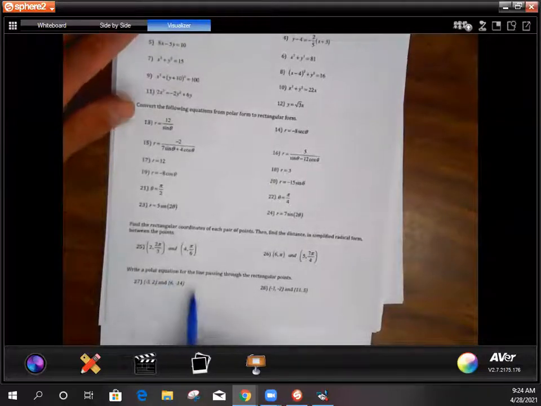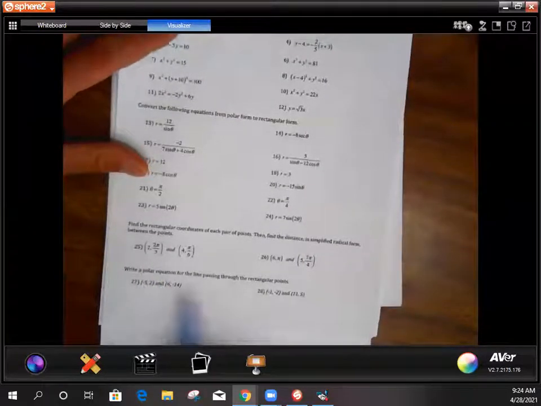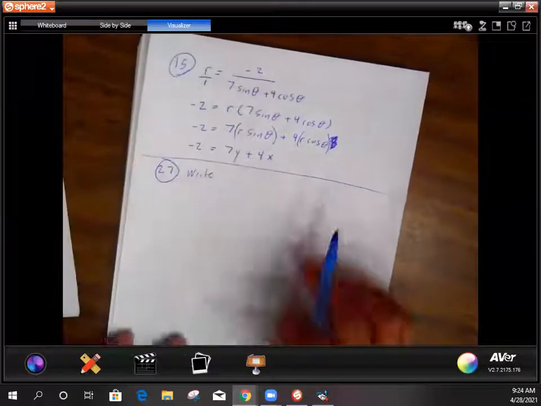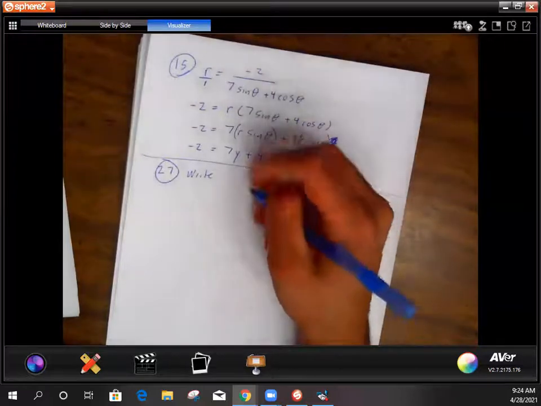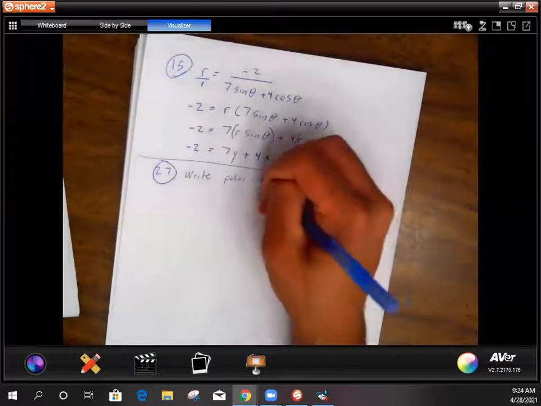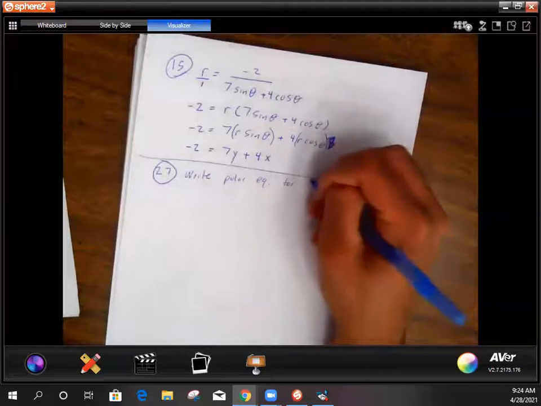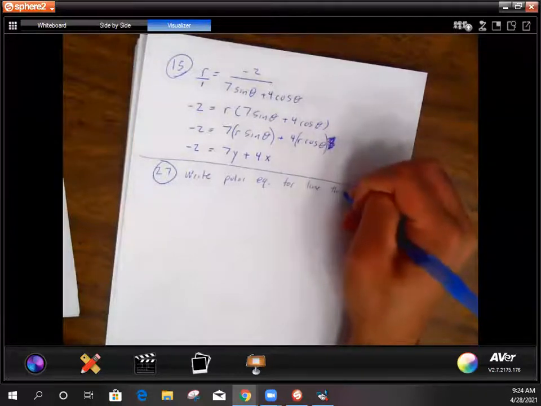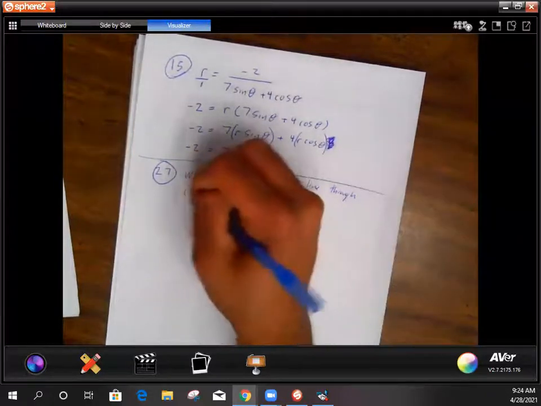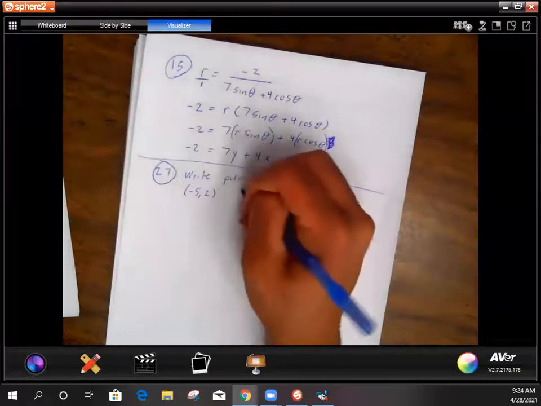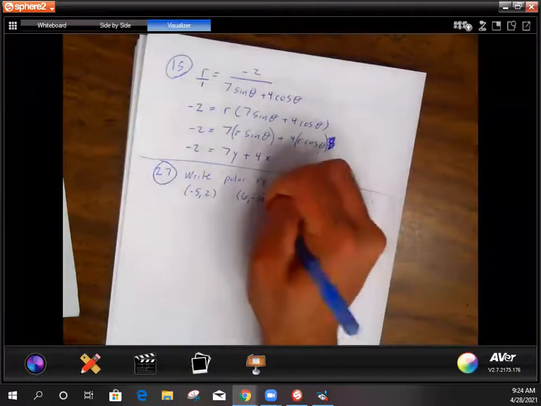We want to get it in terms of r and theta. So: write a polar equation for the line through (-5, 2) and (6, -14).